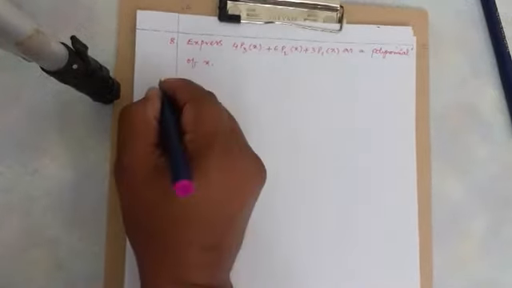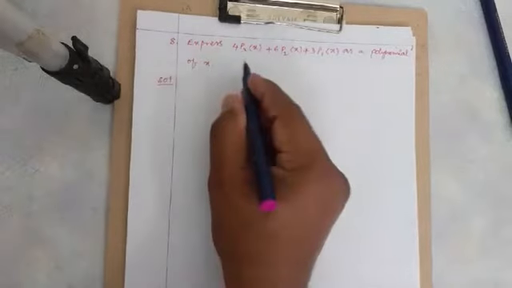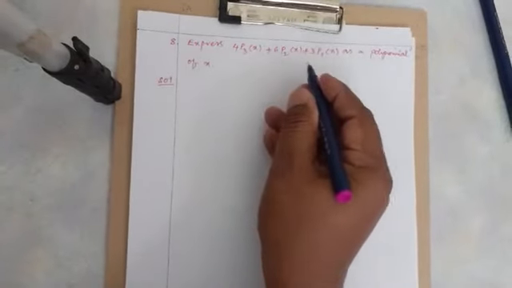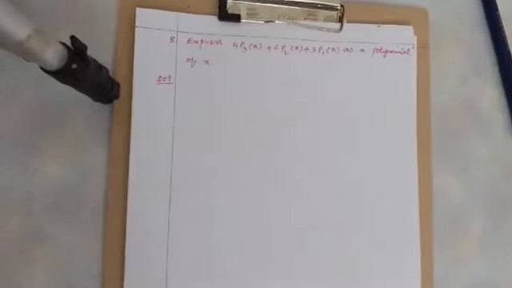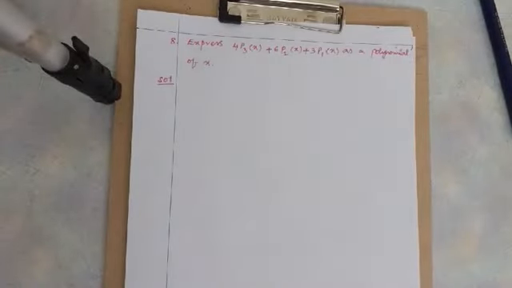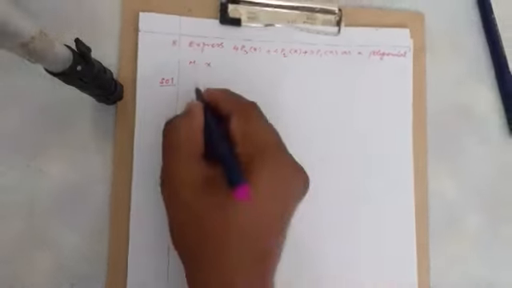The 8th question is: express 4P3 of x plus 6P2 of x plus 3P1 of x as a polynomial of x, as we have done in the last unit. That is the last topic, where after completing Rodrigues formula we extracted Legendre polynomials. As you know, what are the Legendre polynomials?